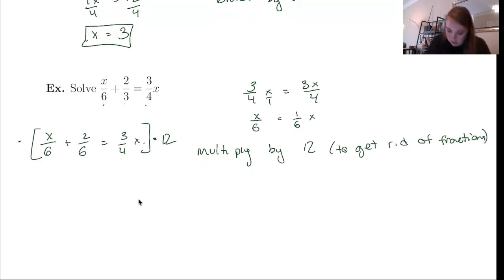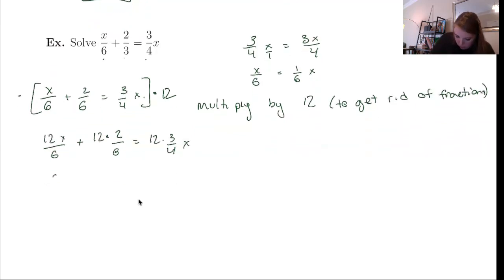Same thing, right? And that would say 12x over 6 plus 12 times 2 over 3, which is 12 times 3 over 4, x. That's going to give me 2x plus 8.